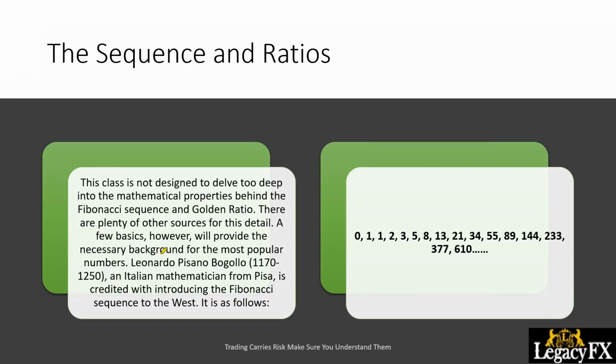So Fibonacci was developed in the 11th century. Way before there was financial markets, way before there was online trading, way before Forex ever existed. So it wasn't developed for financial traders. It's been adapted for financial traders, but it's found throughout the universe.